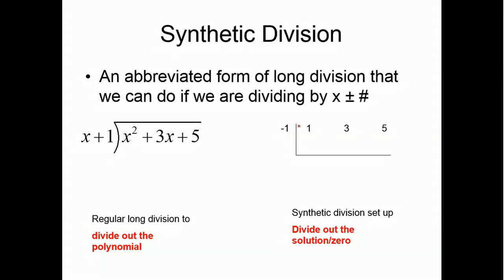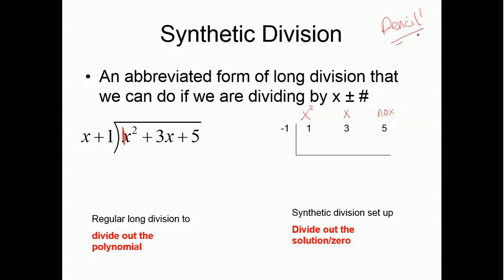So what you're going to do is take whatever you're dividing, this x squared plus 3x plus 5, and put only the numbers in front. Notice how I have a 1 here, a 3 here, and a 5. Each column is going to be its own thing. You're going to want to write this down. Realize there's no pencil shown, but you should have a pencil here.